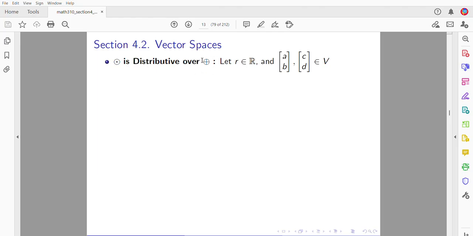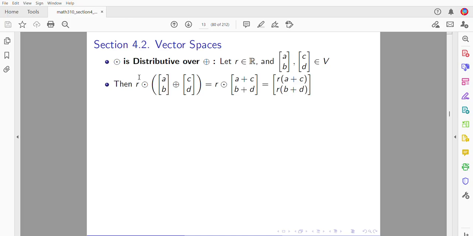So that tells you I should have 2 vectors because I'm going to use vector addition, and 1 scalar. So take any real number R and any 2 vectors from your set V. Then R ⊙ (vector addition of AB and CD) gives you vector (A plus C, B plus D).